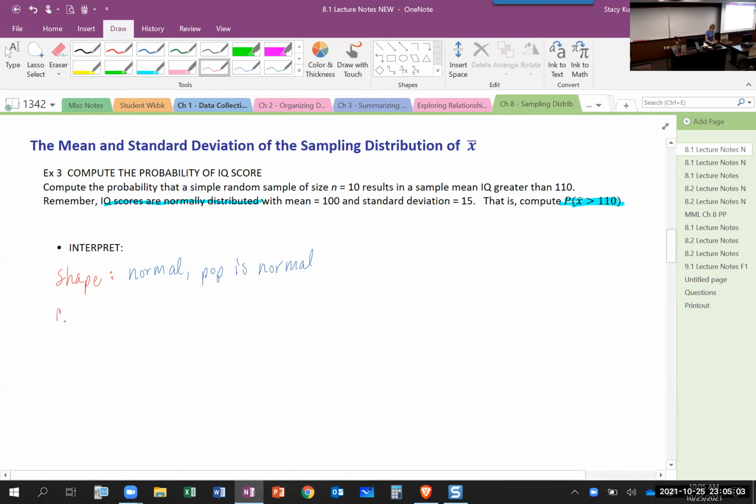Okay, the center of my sampling distribution is going to be equal to the mean or the center of the population, which was 100, right?